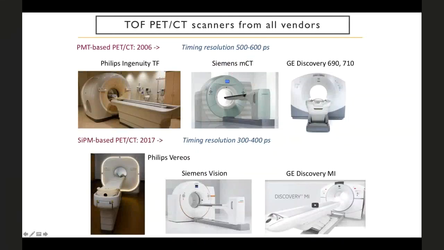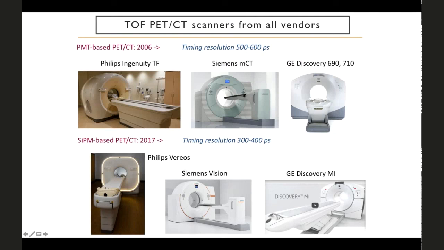So the next generational change that came along was when the photomultiplier-based systems were replaced with a different photo sensor, and that's silicon photomultipliers. So again, you can now buy such a system from all the major manufacturers. The Philips Vereos is going to be the replacement that we will receive for our Ingenuity. So we'll be replacing it with this system.